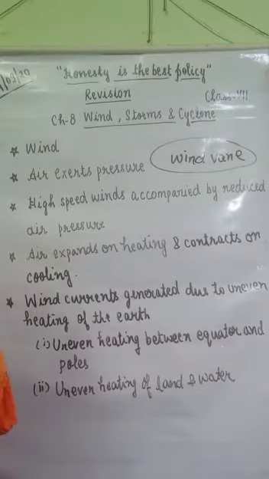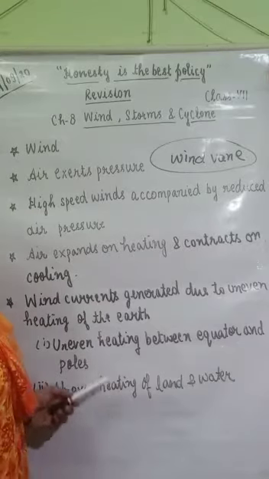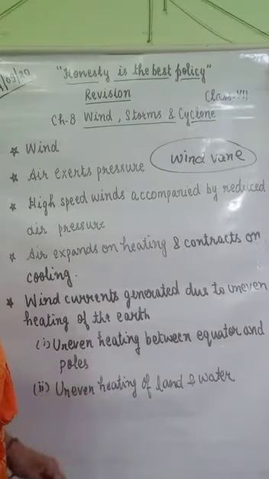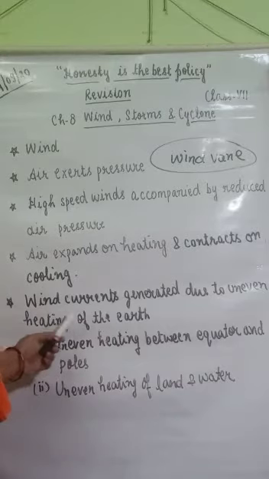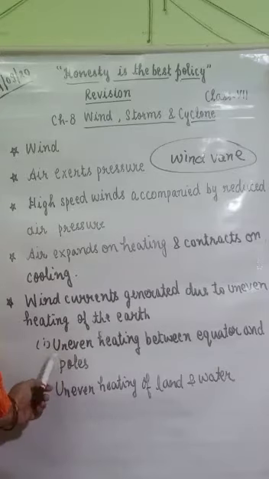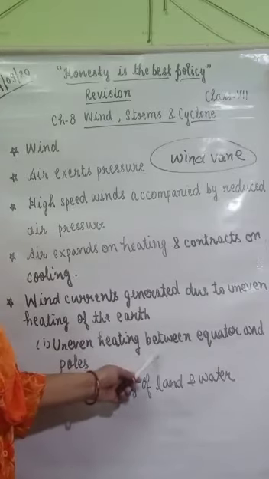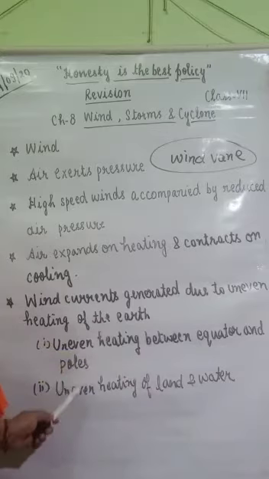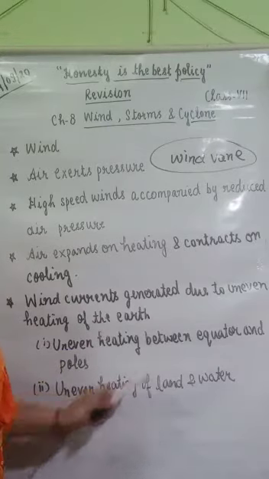We know that wind blows from a high pressure region to a low pressure region, and the greater the difference in pressure, the faster the wind blows. So wind currents are generated due to uneven heating of the earth. These situations are uneven heating between equator and poles, and uneven heating of land and water.